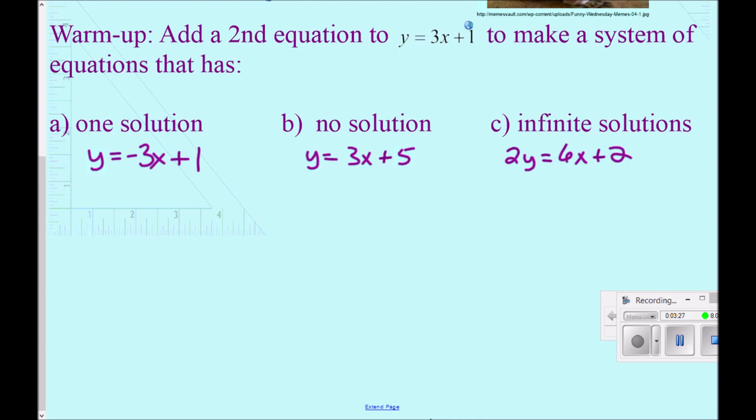I also referred in class to a question in the homework that came out infinite solutions when you were solving 3 equations and 3 variables. You ended up with something like 0 equals 0. Well, that's a true statement, and the variables dropped out. So when you have 0 equals 0, that's infinite solutions, because that line intersects itself infinitely many times.